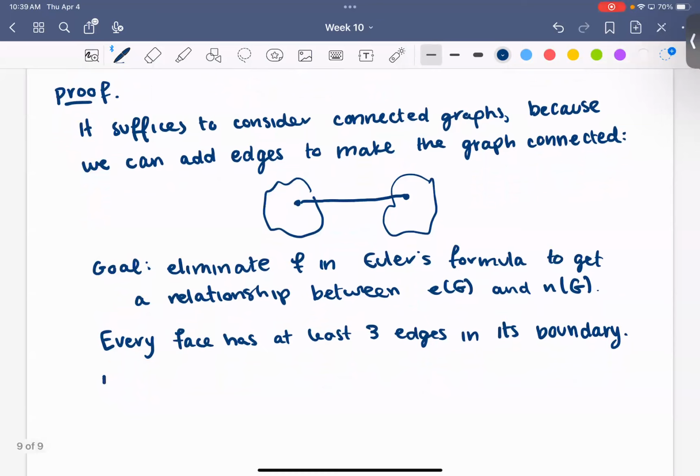Recall from last time we had this thing called the length of a face, which was the number of edges in its boundary, possibly counted with multiplicity if you had a leaf. So we had this equation that said that 2 times the number of edges was equal to the sum of the lengths of the faces.